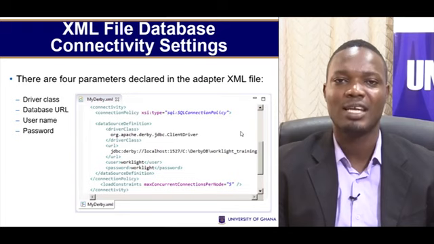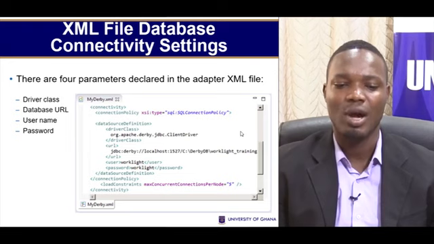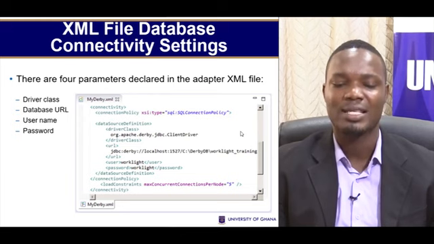If you have built any application where you need to connect to a database, you realize that these parameters are key. It's a similar thing we are trying to do here in our XML file.